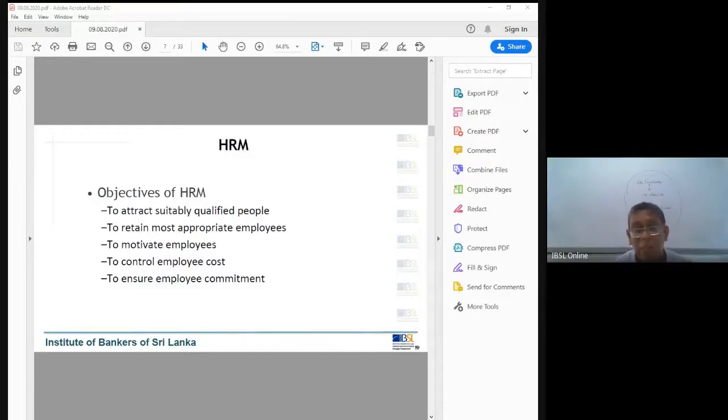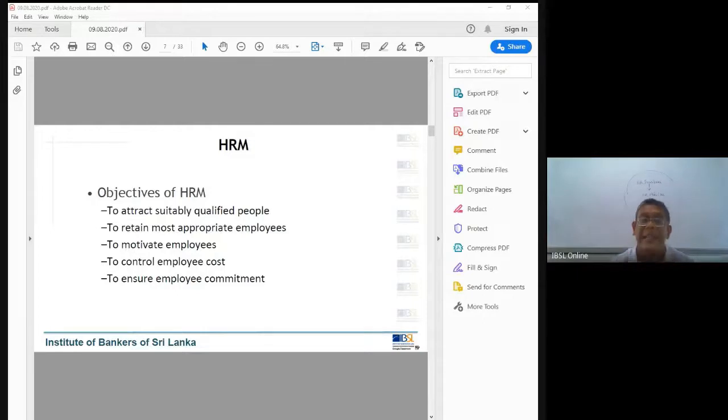After that, once you apply, they shortlist, they ask you for a written exam, an MCQ exam. Then you select the best people from there and ask them for an interview, a one-to-one interview. At the interview, only then are you going to select the best people.